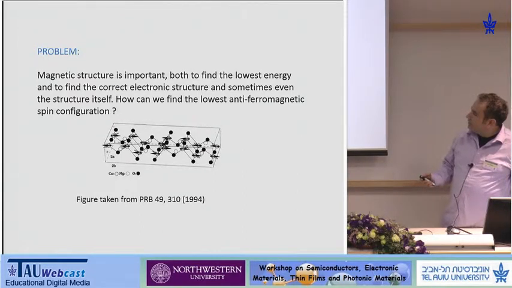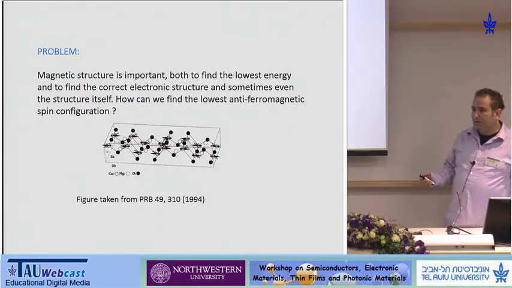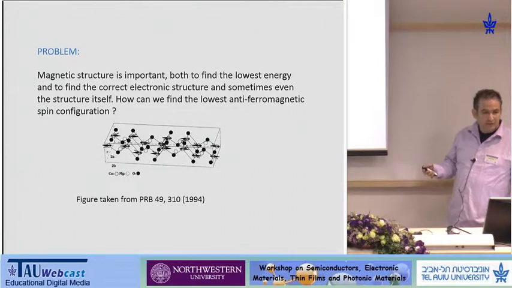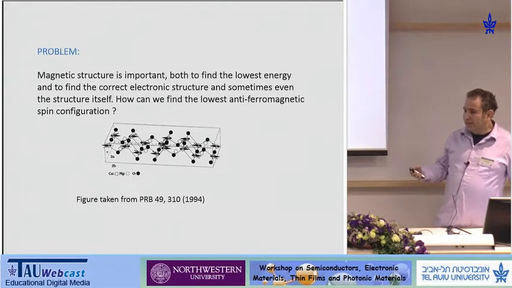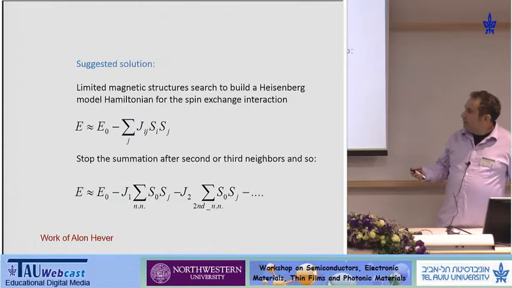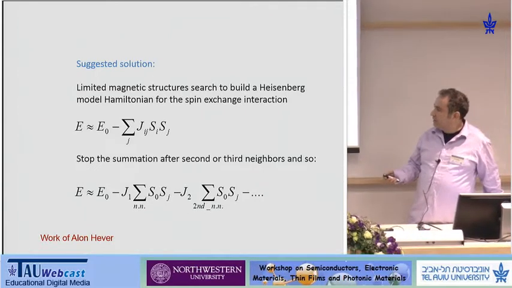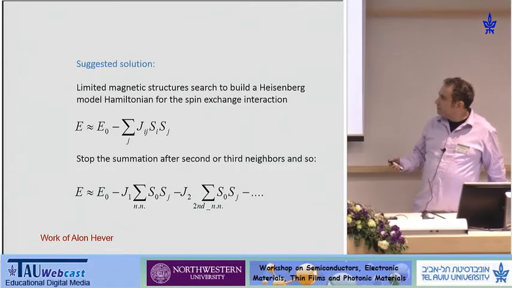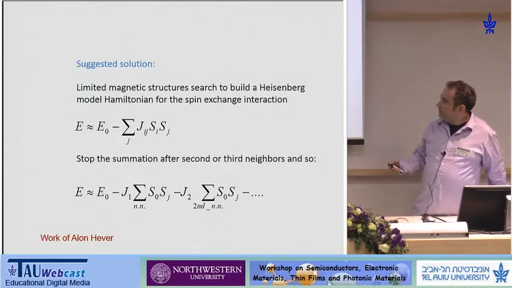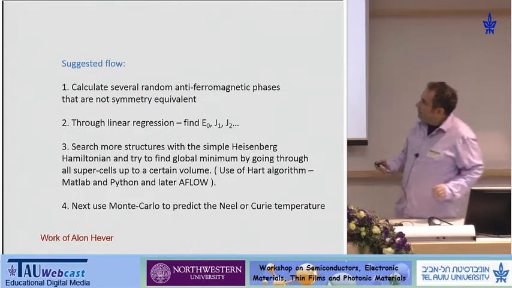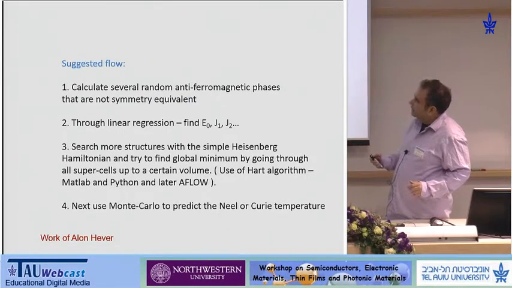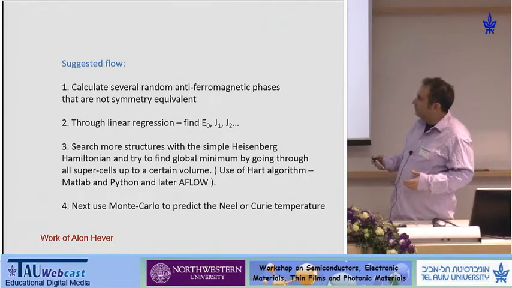Finally, in those systems, we also want to optimize the spin, because most systems do not have neutron scattering data, so we need to guess the spin information. And basically, the idea, as Baldo mentioned, is to build Heisenberg-like models, and we can imagine such a flow where we calculate several antiferromagnetic possibilities.